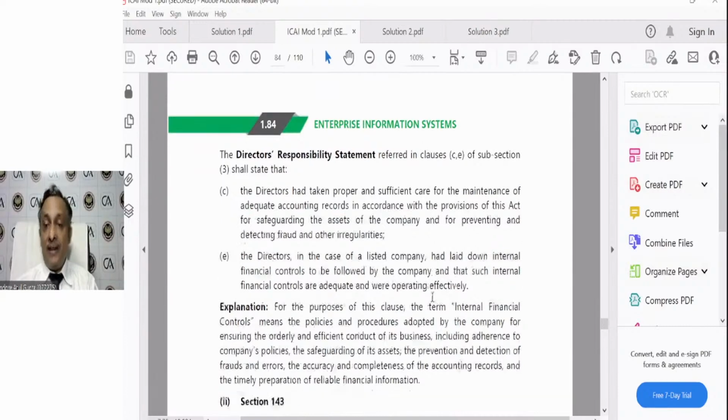Now I'll highlight. One habit I want all of you to develop: because you are in Inter and are going to pass your exam and go to Final, start reading balance sheets of listed companies from here itself. Make it a good habit. We are all online.